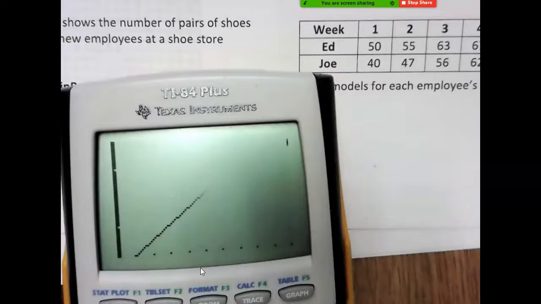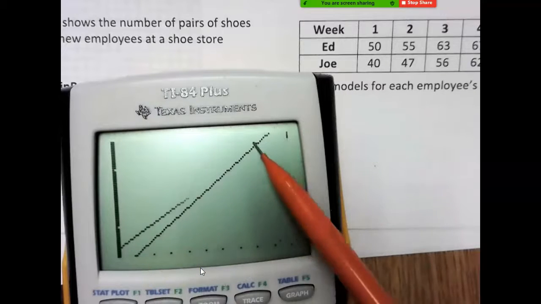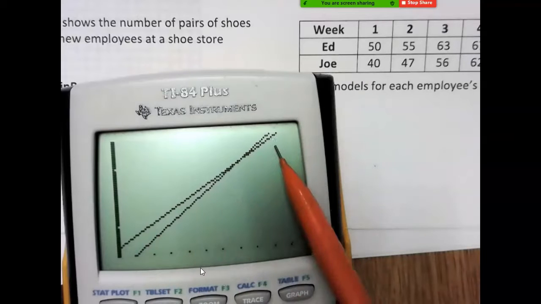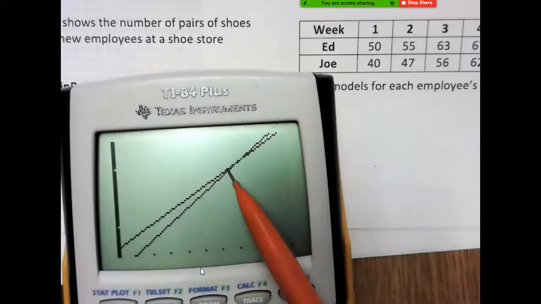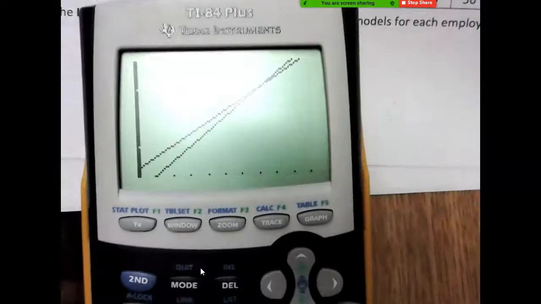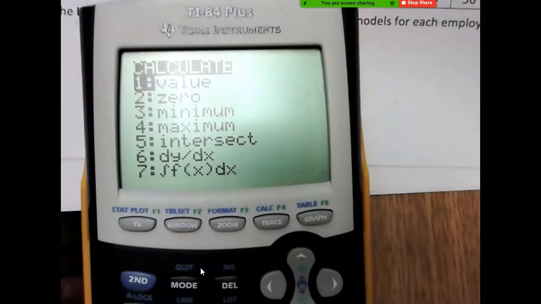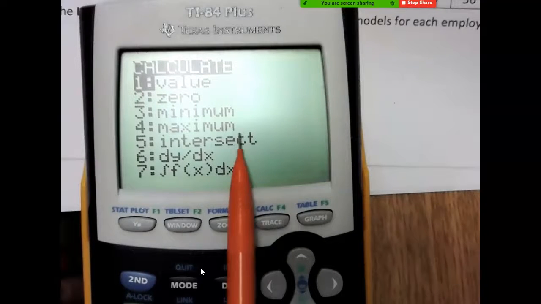Then I hit graph. So this represents Joe. This represents Ed. So what I want to know is, where do they meet? So you're going to go to second, this button here called trace. And what you'll notice is the word intersect.